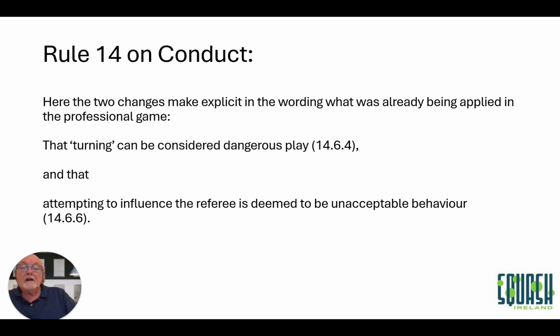Rule 14 on conduct. Essentially what's happened here is that they've made 2 changes, making explicit in the wording what was already being applied in practice in the professional game. That turning can be considered dangerous play, and that attempting to influence the referee is deemed to be unacceptable behaviour.